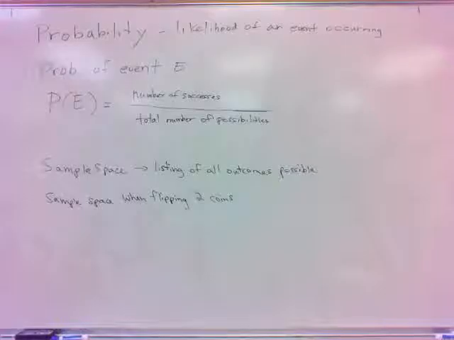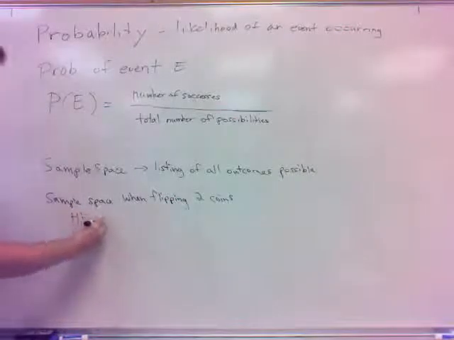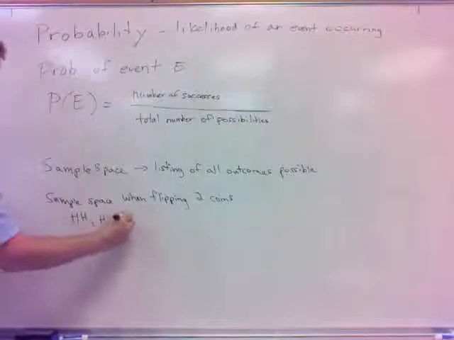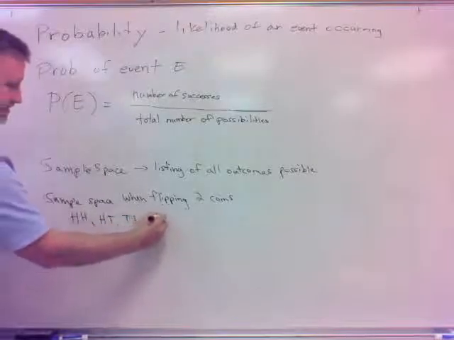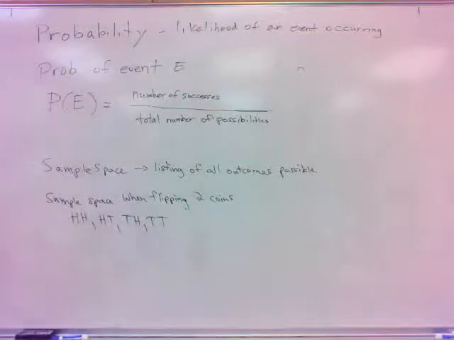You could have heads, heads. You could have heads, tails. You could have tails, heads. You could have tails, tails. We've done that one before, but in the probability realm, it's called the sample space. It's just a listing of all the possible outcomes.